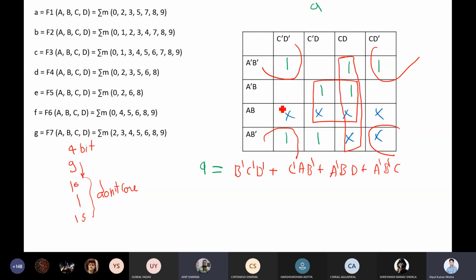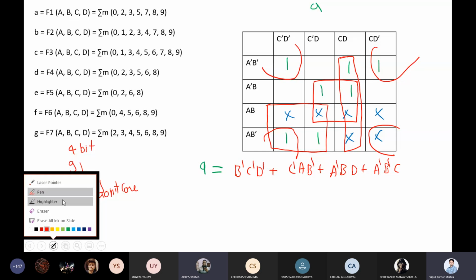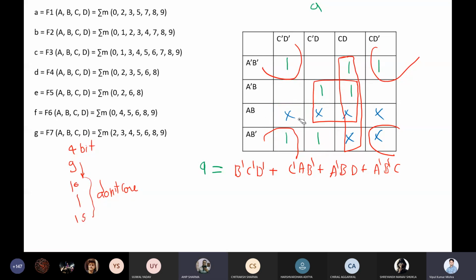And can we make another quad here? Or have we made some mistake? So you can make an octet. Exactly, the octet is clearly visible. So why are we busy with the quad? We can make an octet. So let me remove all this and rethink.